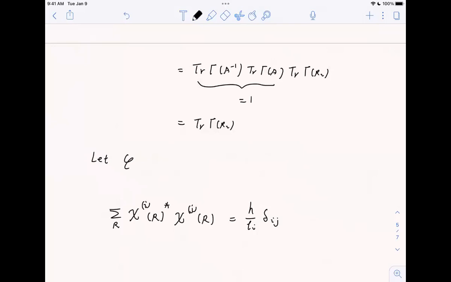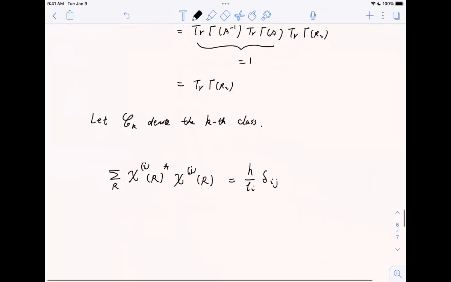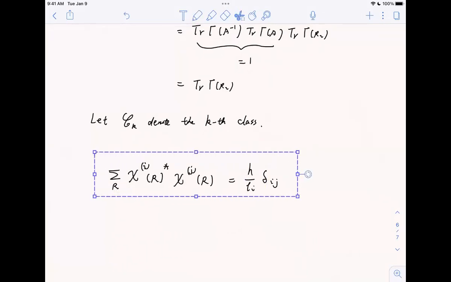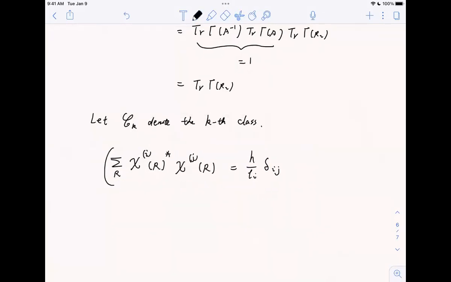Okay, this is a fancy form of a C. It means a class, and denotes the kth class. So instead of summing over the group elements, you just sum over k.